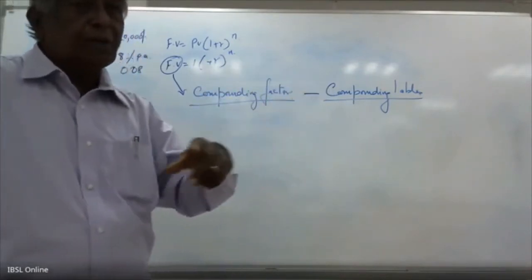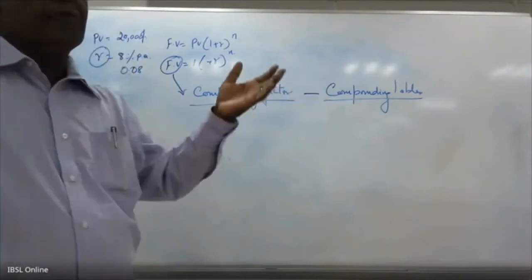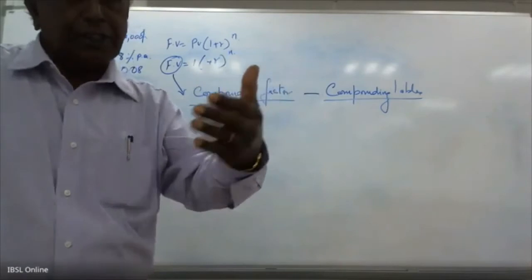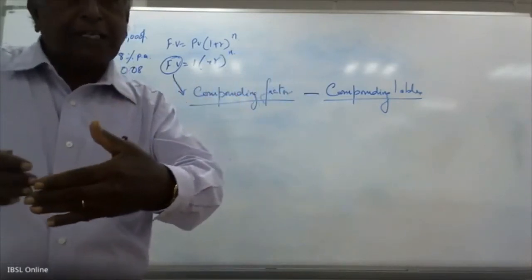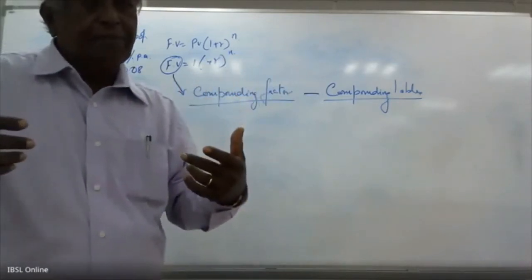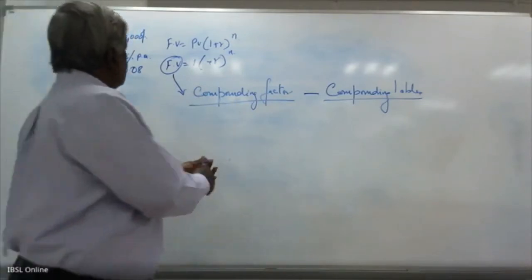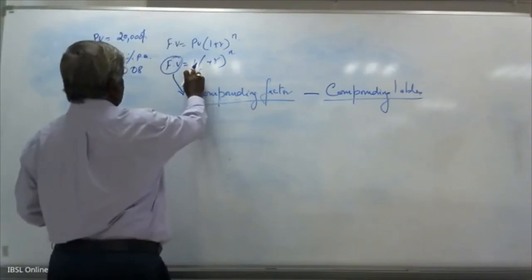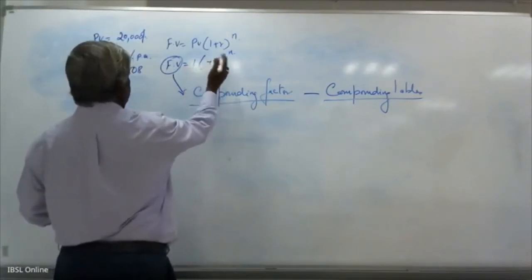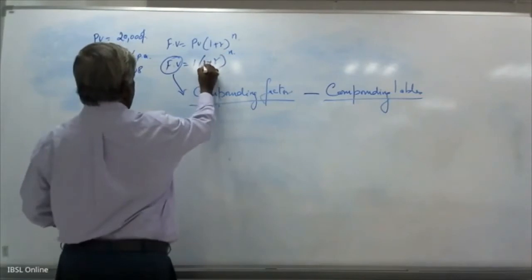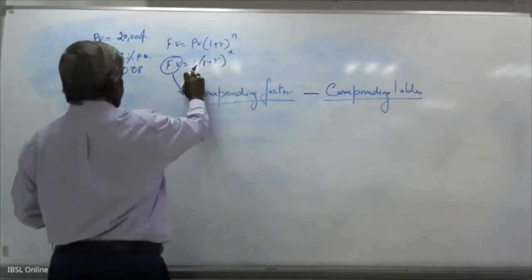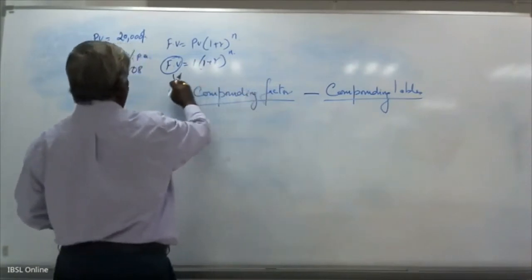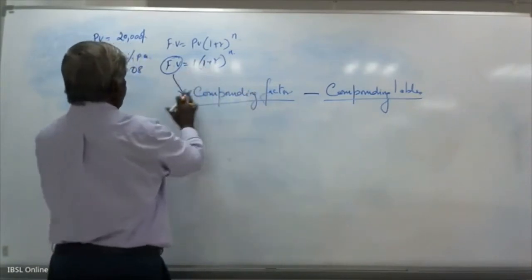So when you do this compounding calculation, say you have 5,000 rupees with automatic renewal, what do you do? You take the compounding factor from the compounding table and then multiply. The present value of 1 rupee, 1 plus R to the power n, is the compounding factor.